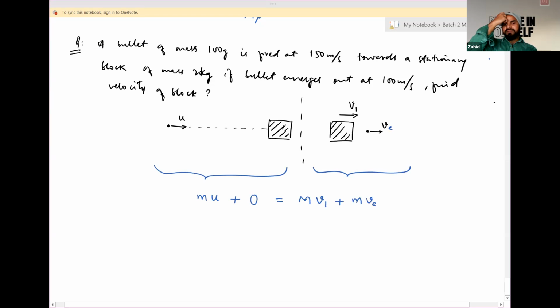So we have to find the value of V1. Mass of bullet is 100 gram, divided by 1000 to convert into kg. Initial velocity of bullet is 150 meter per second. Emerging out velocity is 100 meter per second. And mass of block is 2 kg. Just put these values in this equation and try to find the value of V1.